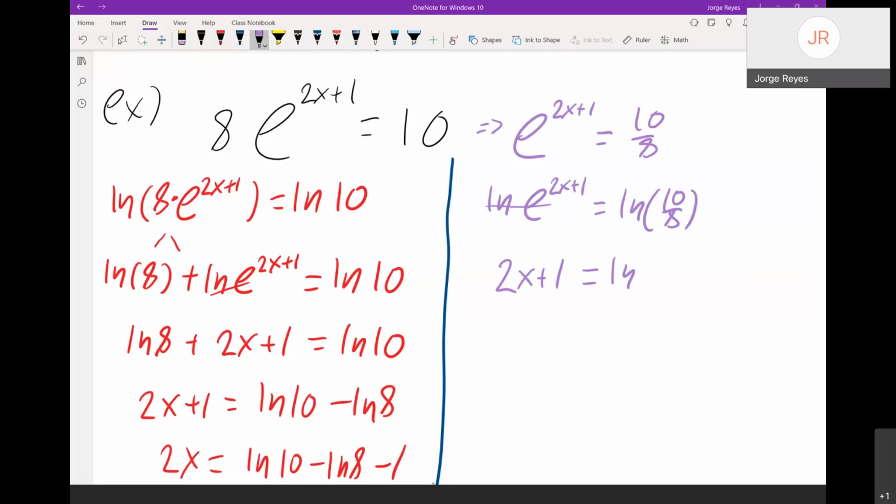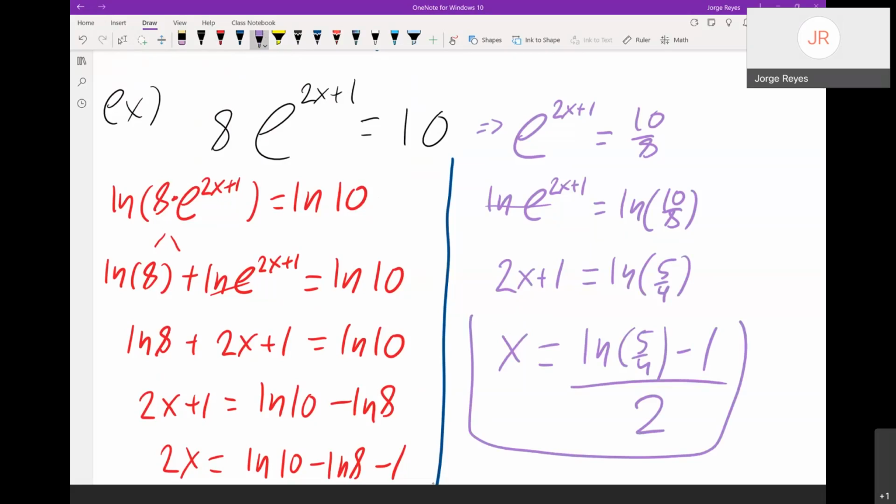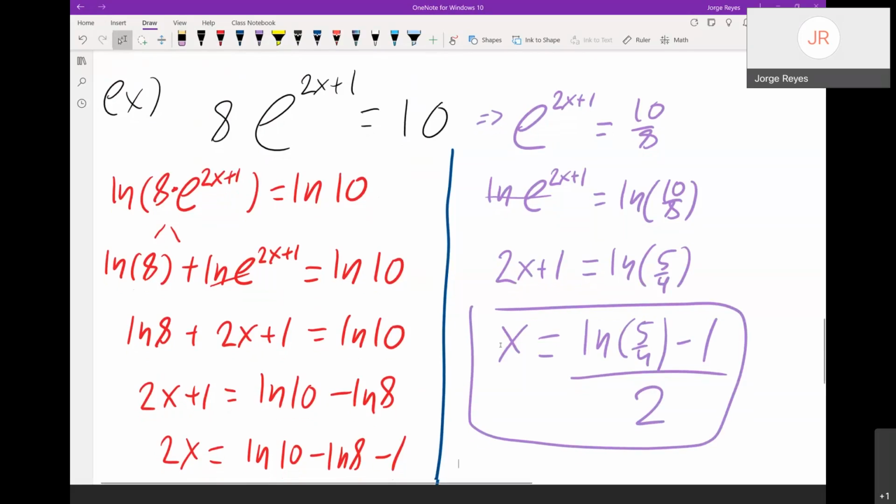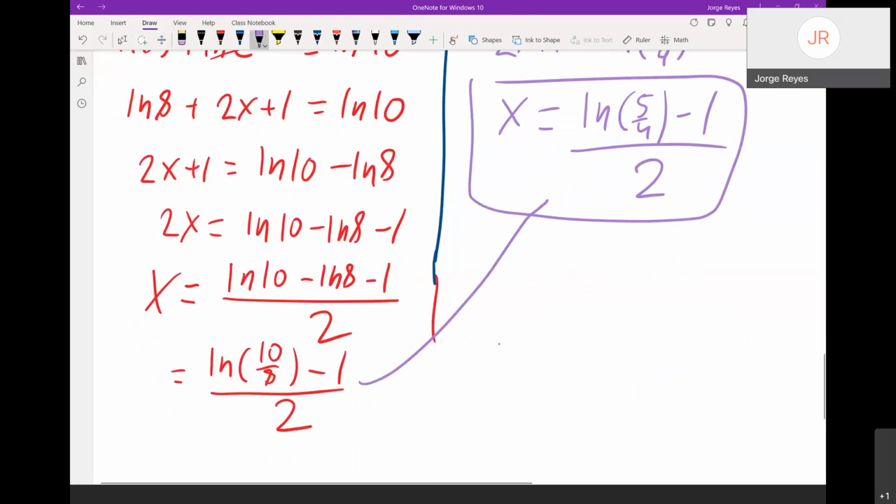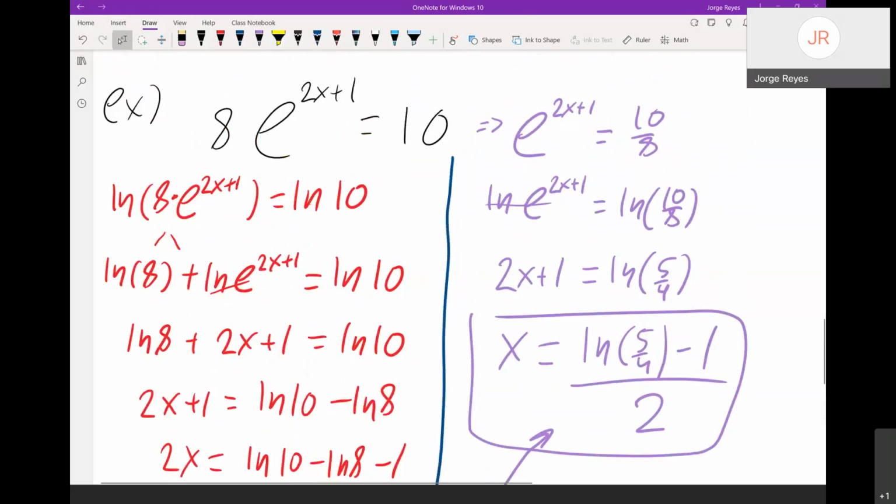You know, this is a number that we don't really care about. Oh, I could simplify. Let's go like 5/4, right? And then you can just solve this easily, right? 5/4 minus 1 divided by 2, and ta-da, you're done. Okay, and if we see they're actually the same, right? These are the same, right? Because I could simplify. 10/8 is 5/4. So again, many ways to solve this, not just one.